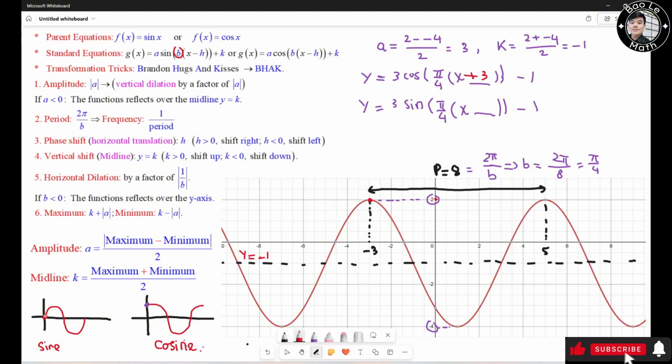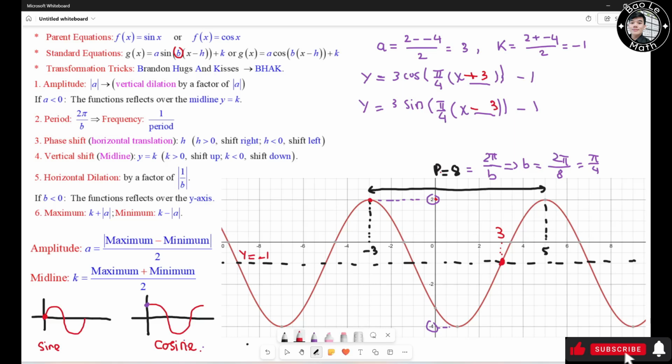Now, because the sine function starts from the midline, you could pick this point right here, right? So you see that it's going to be 3 right here. Alright, so it moved to the right 3 units, right? So you need to subtract 3, right?